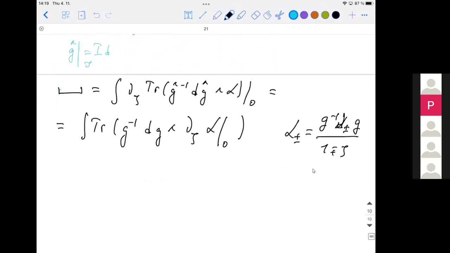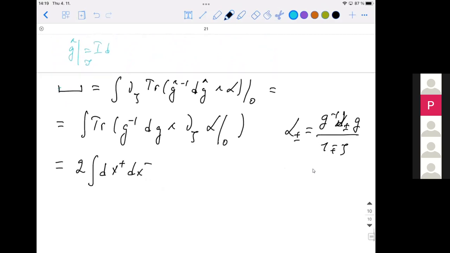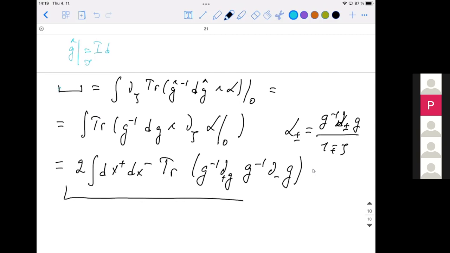So we apply here, and then we will get, now we go to the light cone coordinates, to the G here, the plus part, and then the minus G part. So the action is just reduced to this form.